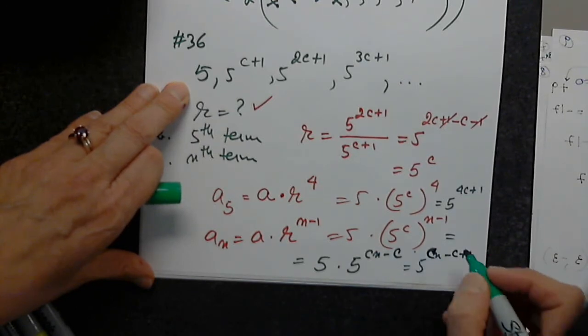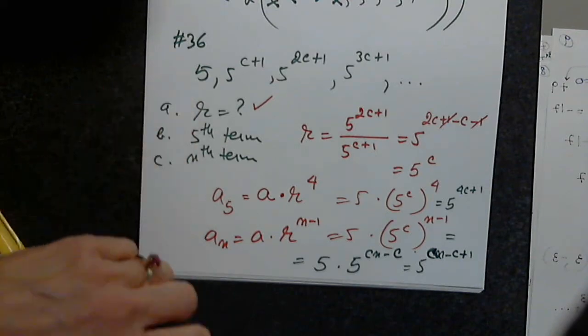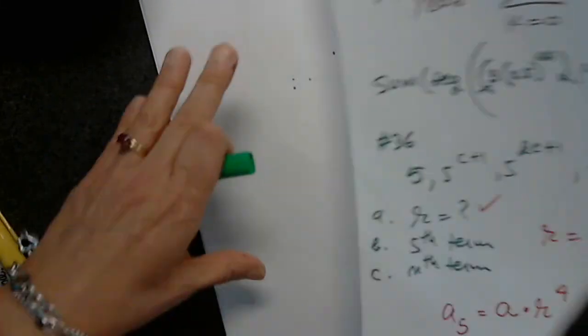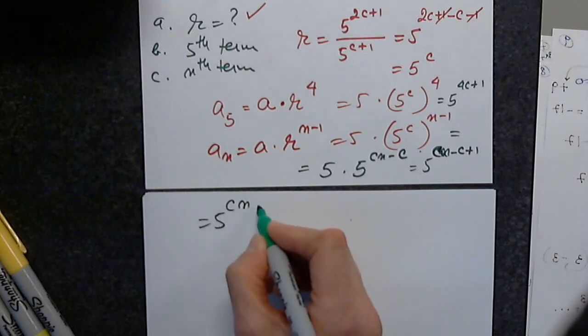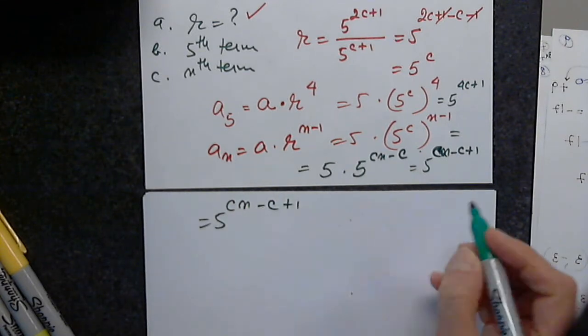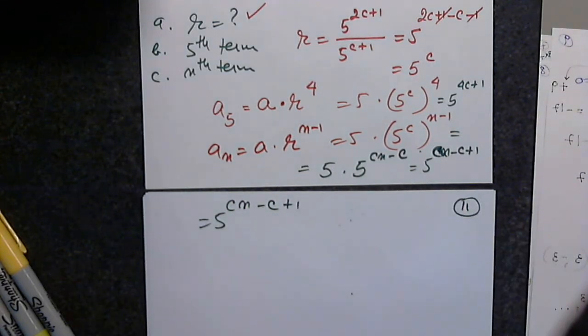This is C times n. Let me write it again. It's not clear. Sorry. So 5 raised to Cn minus C plus 1. Good. Next question or topic.